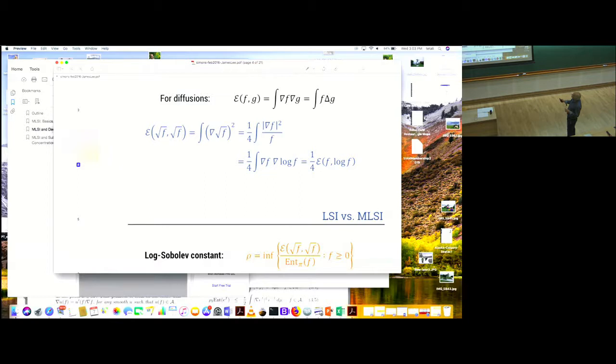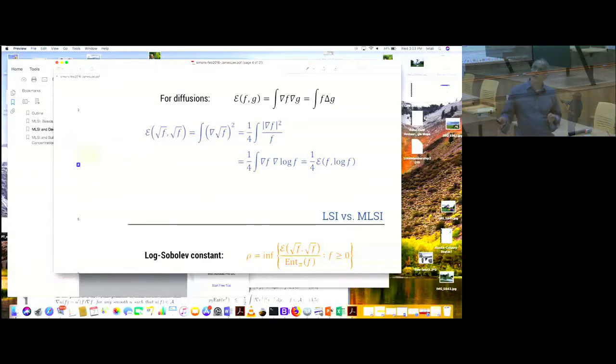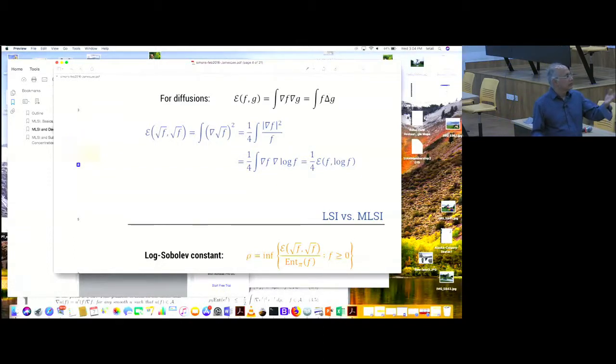So the Dirichlet form is defined in any of these ways. I think I took this definition, or that definition, it doesn't matter. But the point is, the Dirichlet form we had for log Sobolev was this, and the last one is for the modified, E f log f. These are all the same because of what we have for the usual gradient. But for the discrete gradient, it's too fragile.